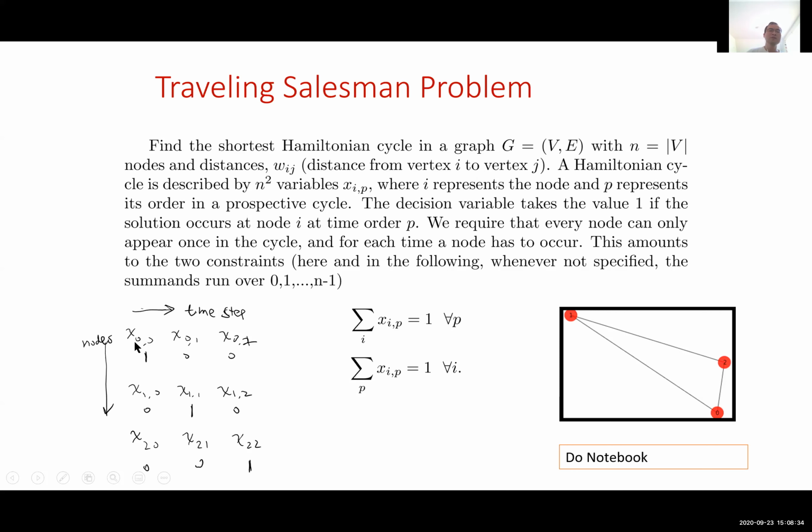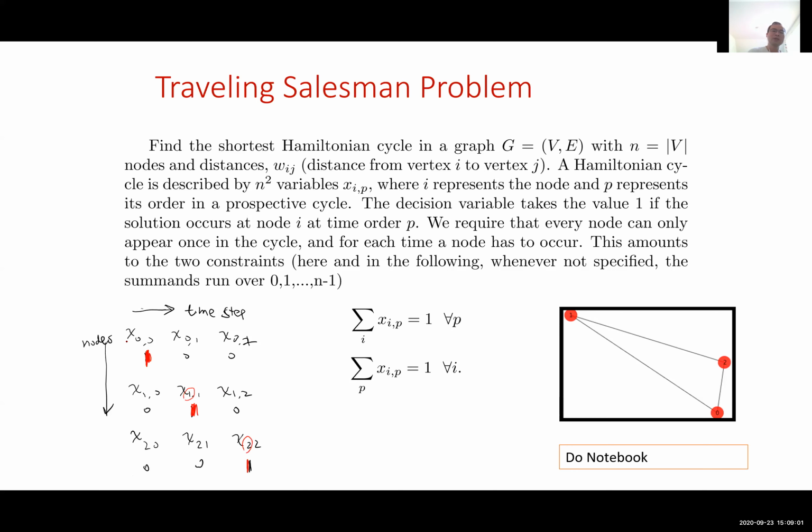And so if you have a valid path, then at time step 1 we are here. At the next time step, we are at node 1. At the next time step, we are at node 2, and we put a 1. So this is sort of the simplistic way to set up the problem.